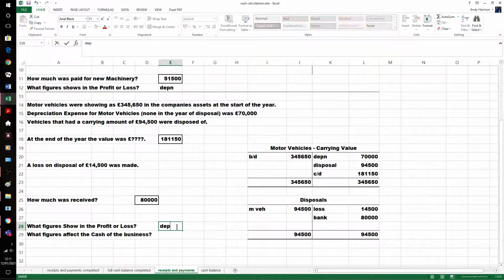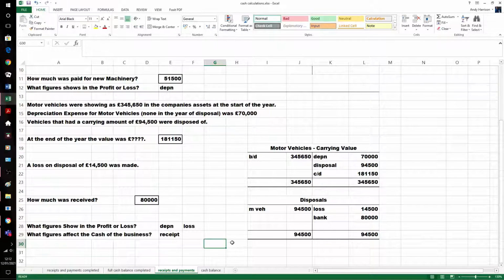So the depreciation and the loss. In the bank, it's just a receipt. So in this case, profit or loss, our operating profit would have been shrunk by 70,000 depreciation and the 14,500, but the bank account's gone up by 80,000, so huge difference there.